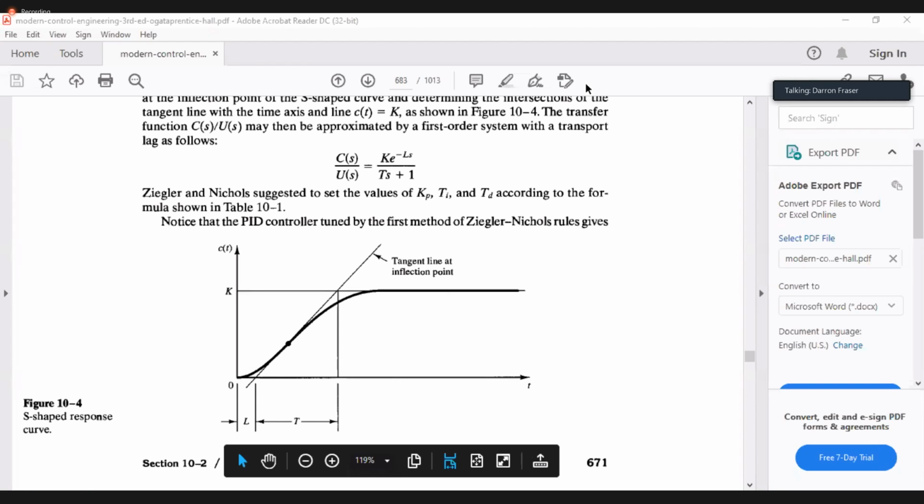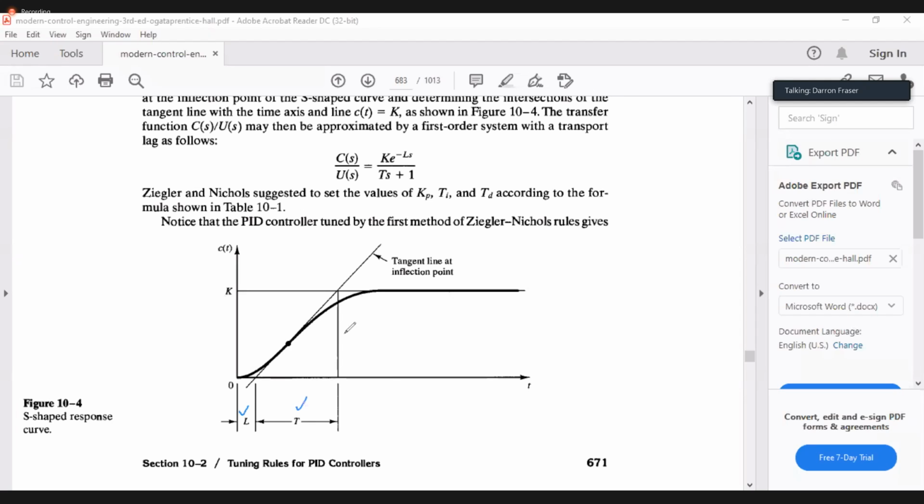You're seeing it in the book here. These are the things that we need to find: L, T, and K, the final value, L and T. I was just making the point that if we have the shape of the curve in the form of an equation, then we can find L and T and K analytically.